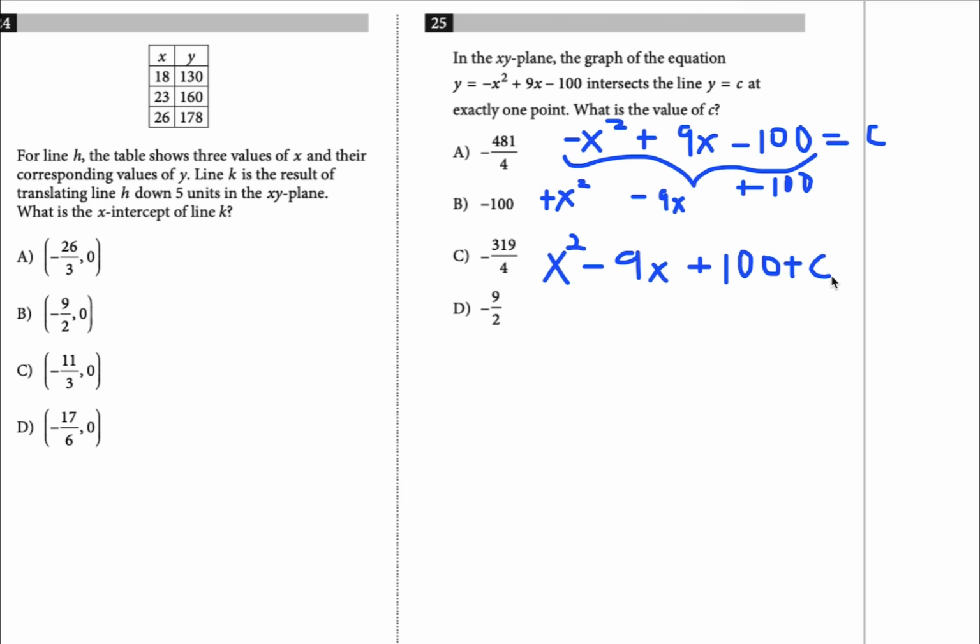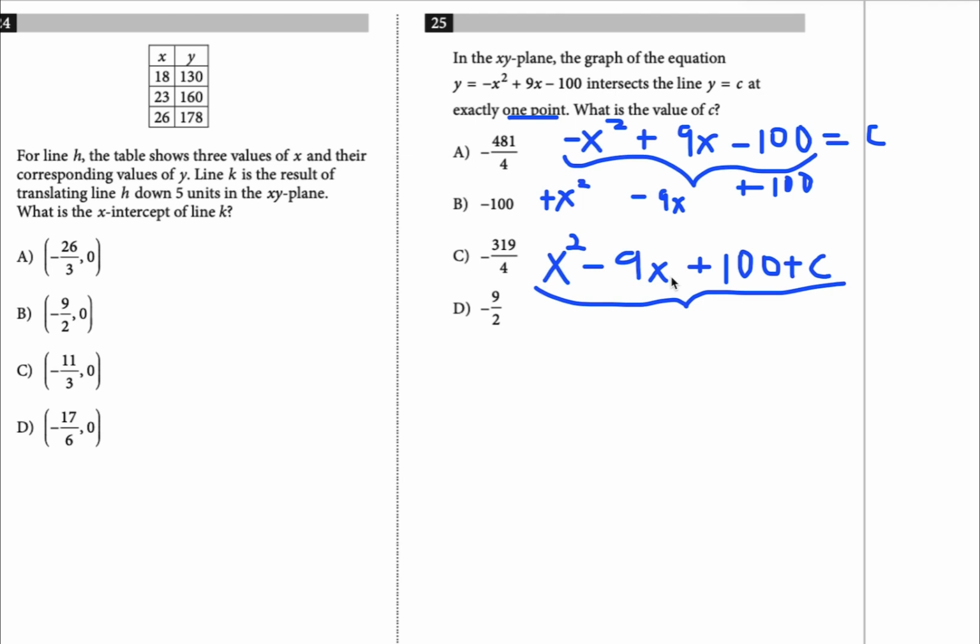The problem is asking what the value of c is, and it says that the graph intersects at exactly 1 point. Typically, once we've arranged the quadratic equation in this format, we can FOIL, set the individual factors to 0, and solve for x.